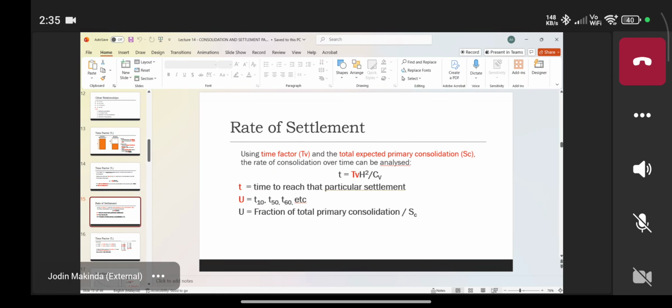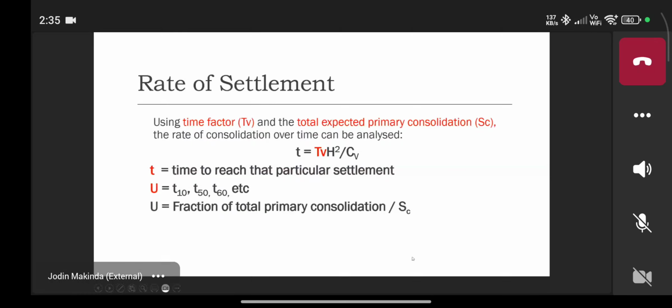All right. Now, the study where time factor is intertwined with total expected primary consolidation SC is the study related to the rate of settlement.